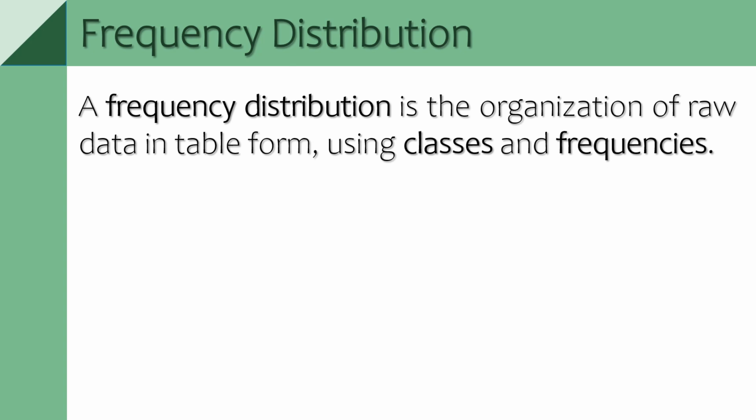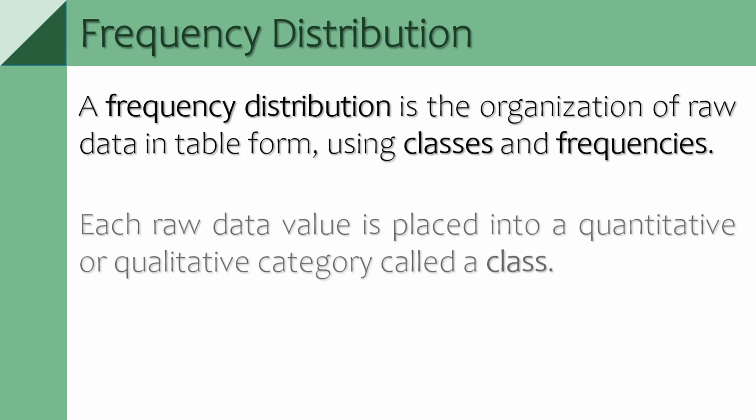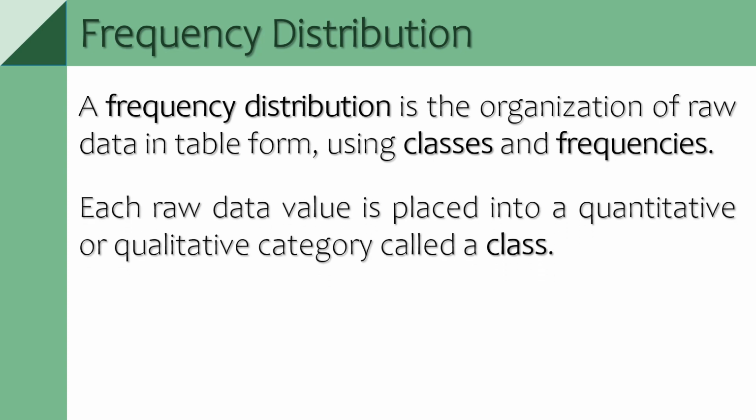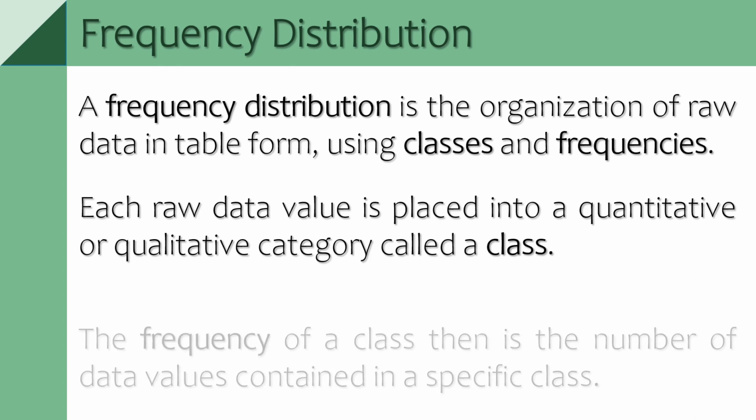Each raw data value is placed in a quantitative or qualitative category called a class. It could be a number or a qualitative category.